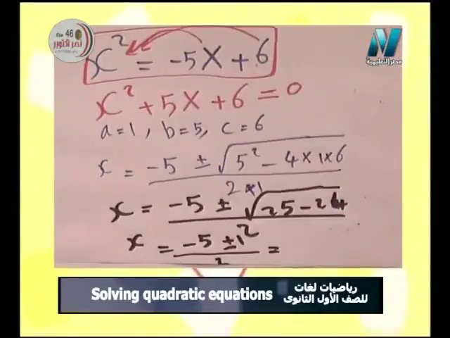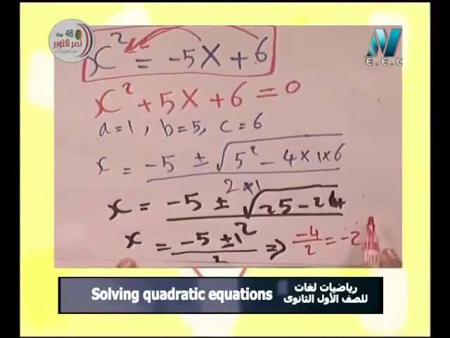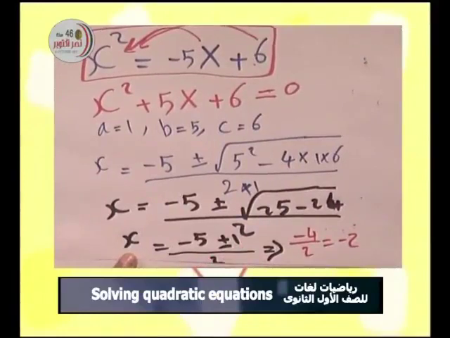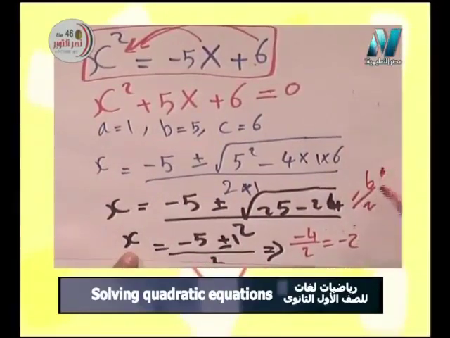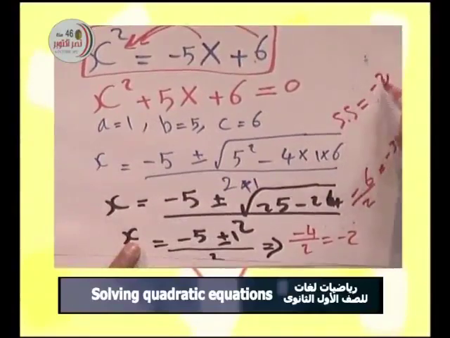So we have two numbers here for x. The first number will be negative 5 plus 1, meaning negative 4 over 2, meaning negative 2. And the second number will be negative 5 minus 1, negative 6 over 2, which will be negative 3. So the solution set will be negative 2 and negative 3.